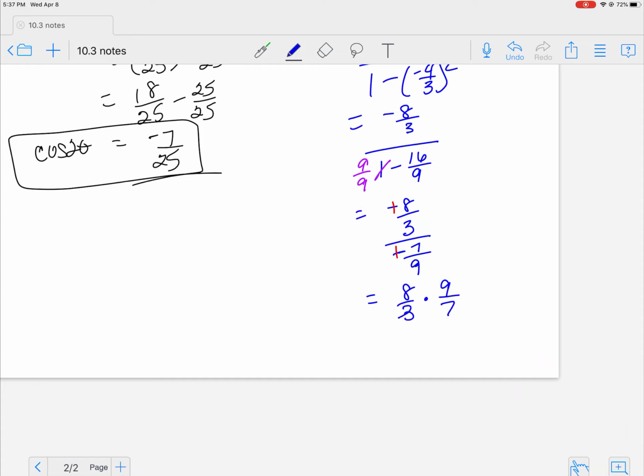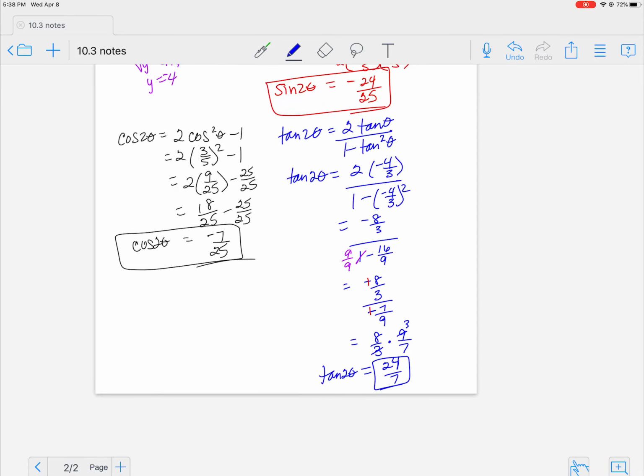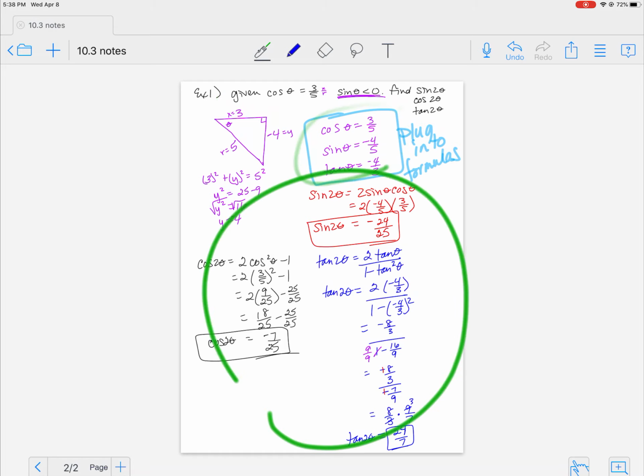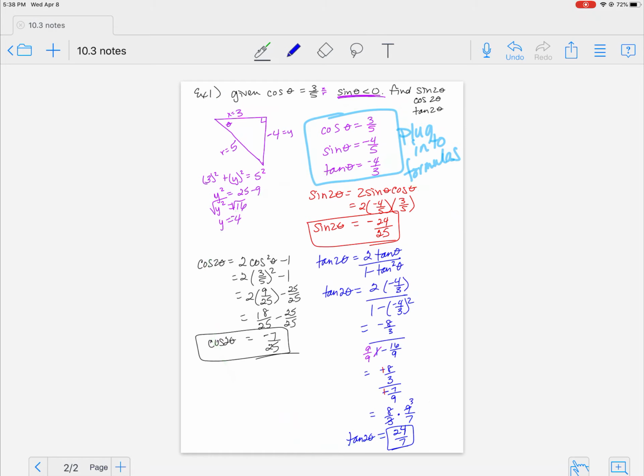When you multiply by the reciprocal, first of all, negative divided by negative is positive, so I'm not even going to mess with that negative sign. You have 8/3 times 9/7. 3 goes into 9 3 times, and we end up with 24/7. That is our double angle tangent.